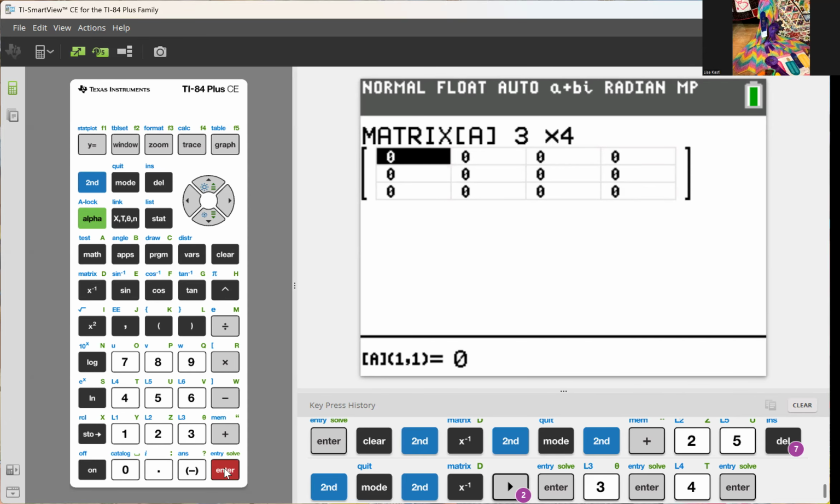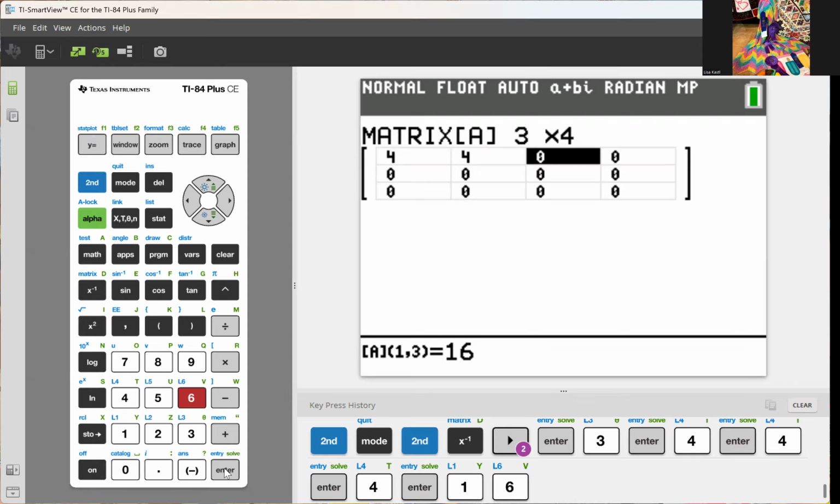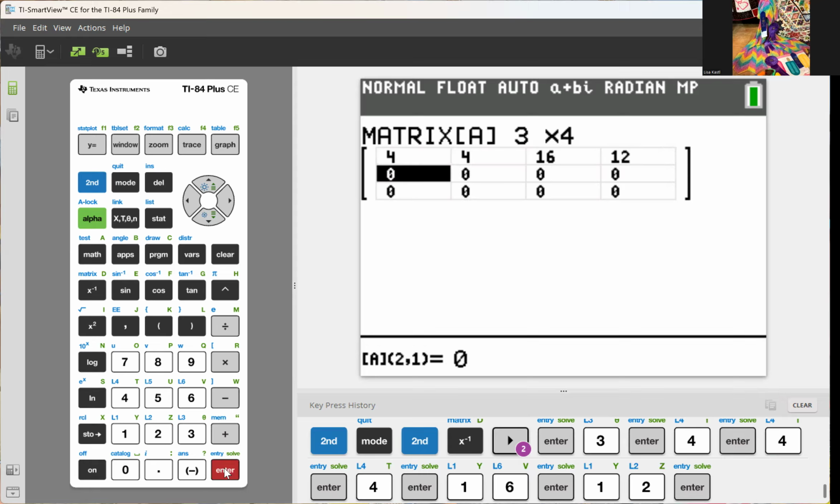And then you just input the numbers into the rows. So you put a number in, you hit enter, you put a number in, you hit enter. So my first row was 4, 4, 16, and 12. Then it drops me to the second row.